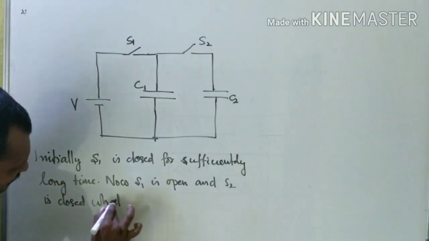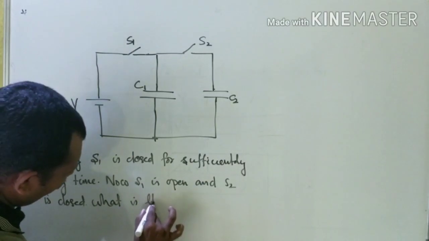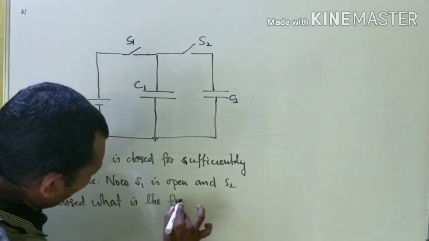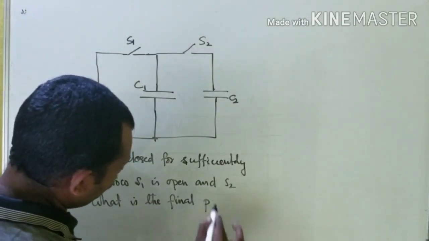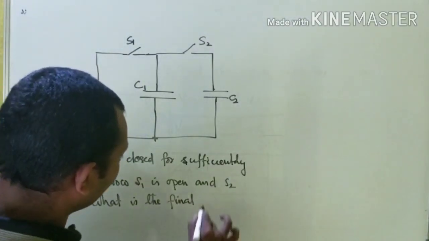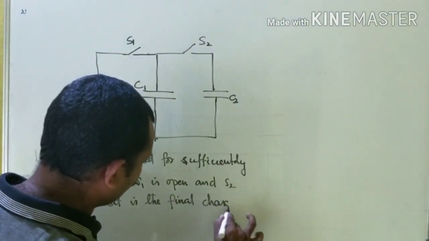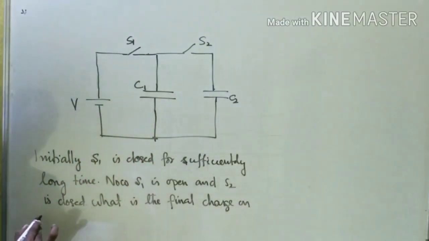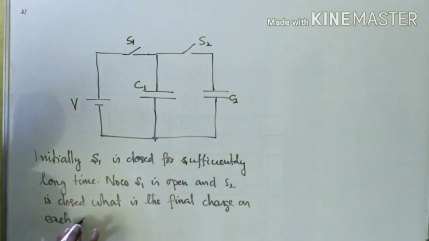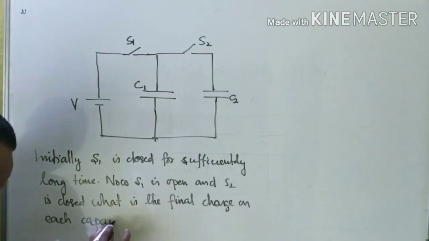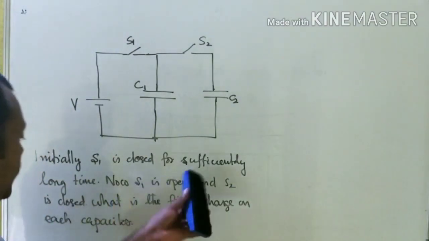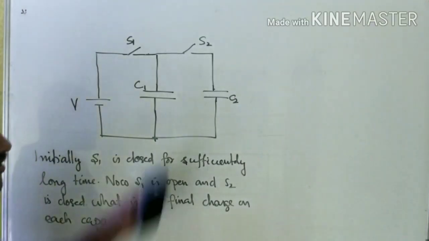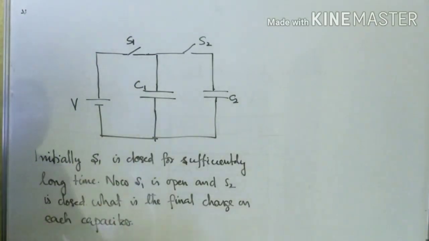What is the final potential and charge on each capacitor? I don't remember exactly what is in the question, but this is what the question is all about. What is the final charge on each capacitor?